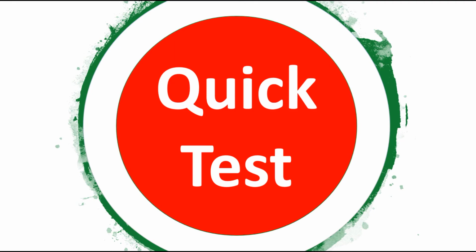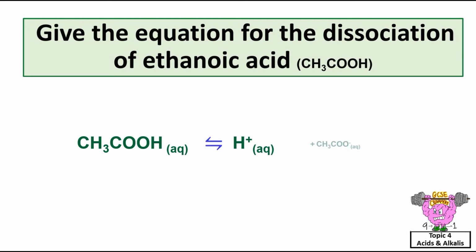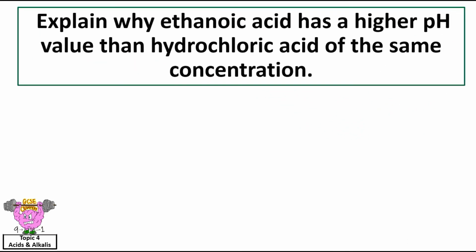Quick test to see how much you remember. Give the equation for the dissociation of ethanoic acid, CH3COOH. CH3COOH AQ, an aqueous solution, produces a reversible reaction of H plus AQ plus CH3COO minus AQ. Explain why ethanoic acid has a higher pH value than hydrochloric acid of the same concentration.